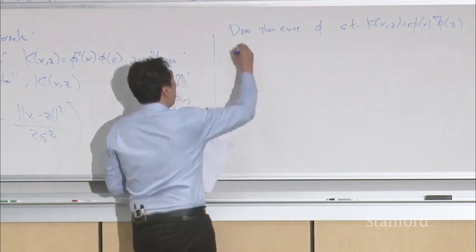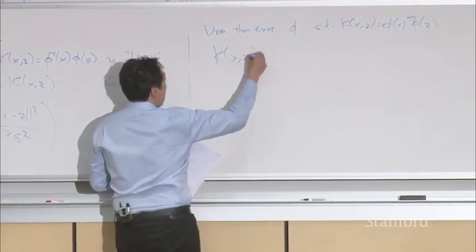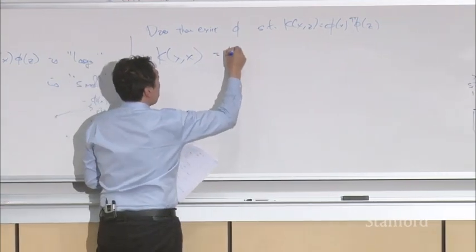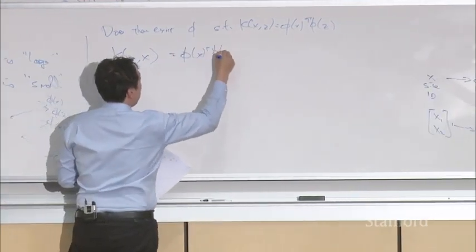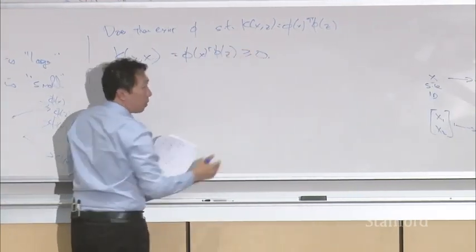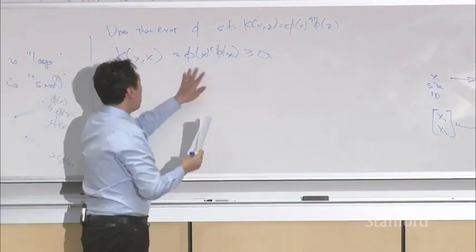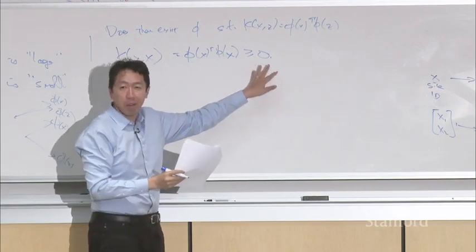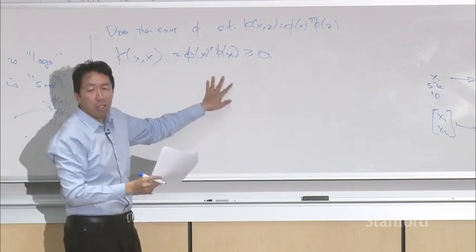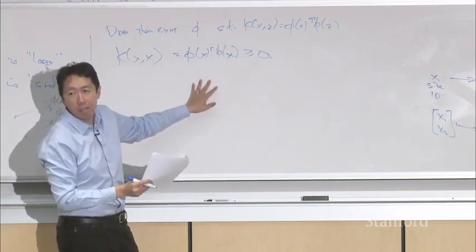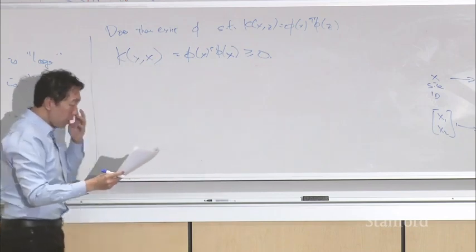For example, one thing it must satisfy is k of xx, which is phi of x transpose phi of x, had better be greater than or equal to 0, right? Because the inner product of a vector with itself had better be non-negative. So if k of xx is ever less than 0, then this is not a valid kernel function.